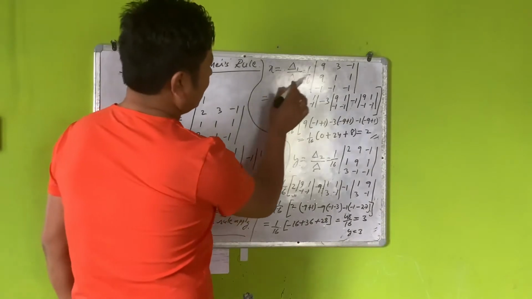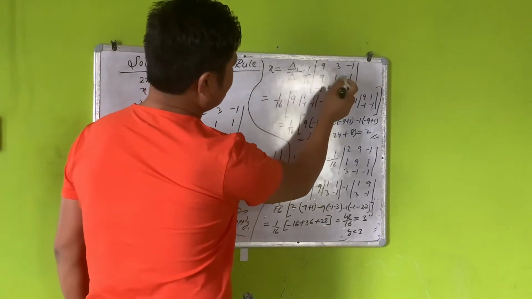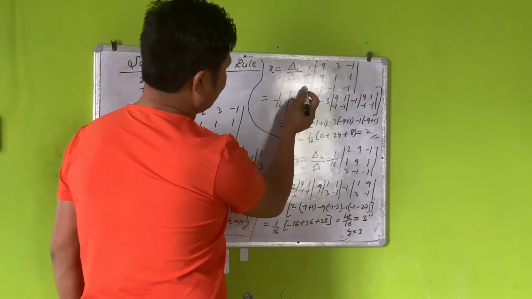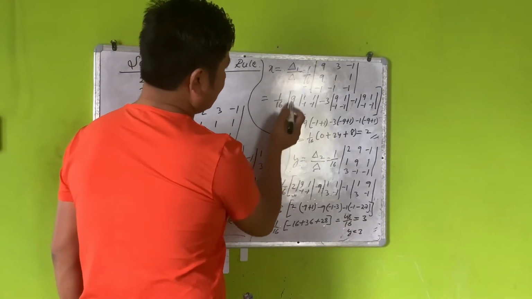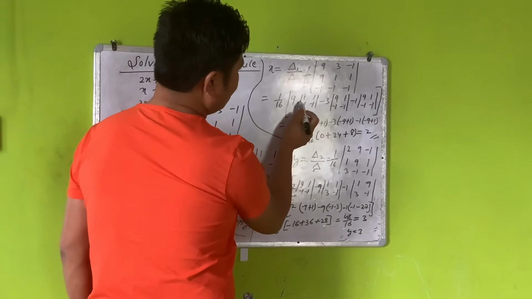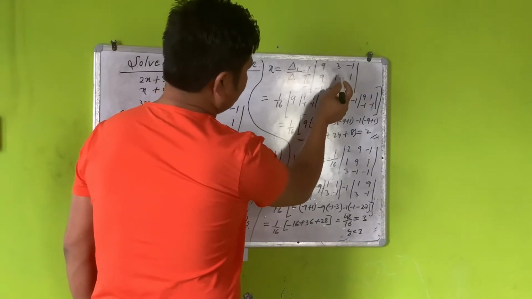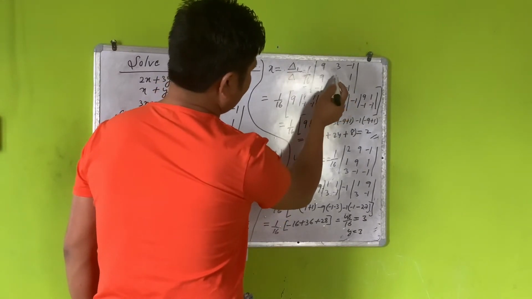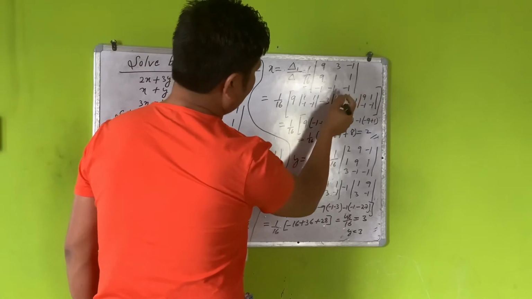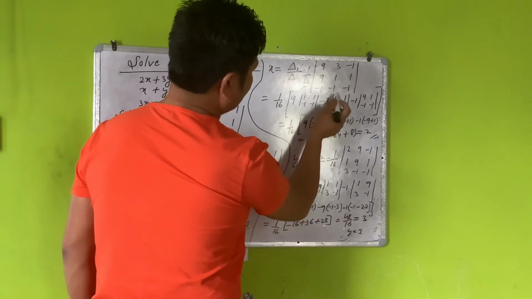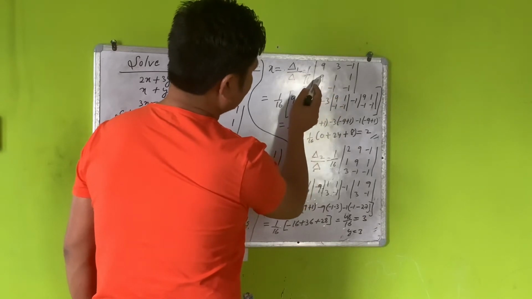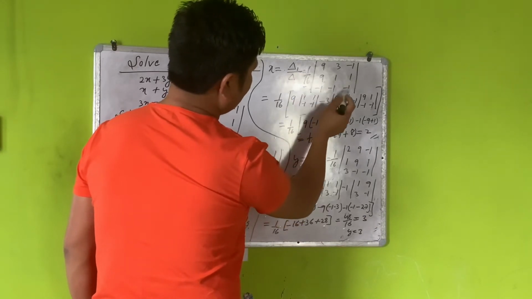So delta 1 is this, and delta we have already found, that is 16. Now 1 by 16 into this 9, its minor is 1 1 -1. Likewise -3, its minor is 9 1 -1.